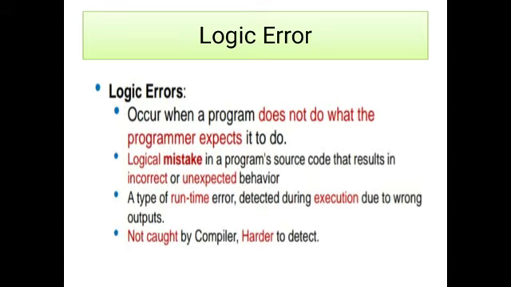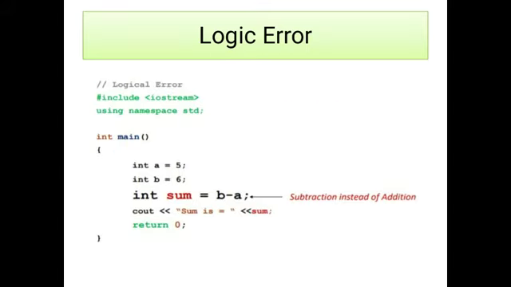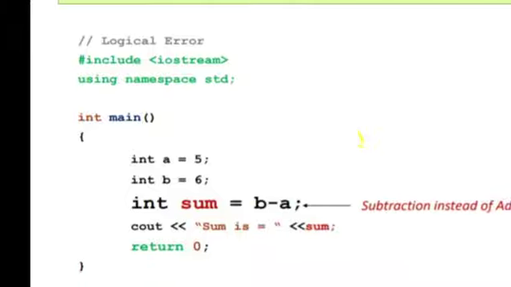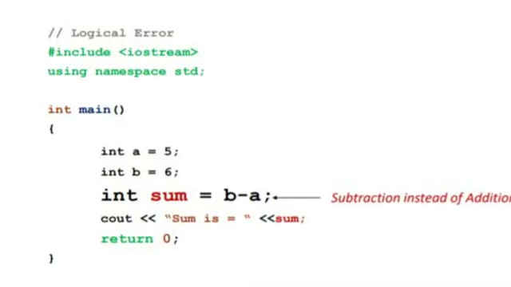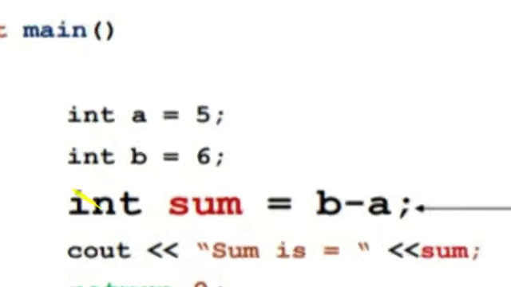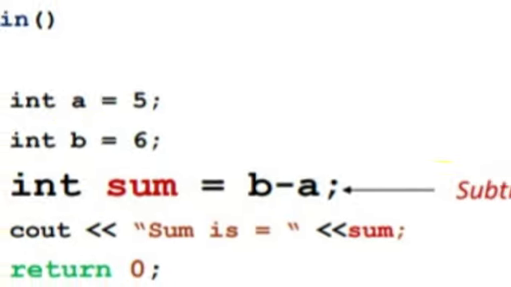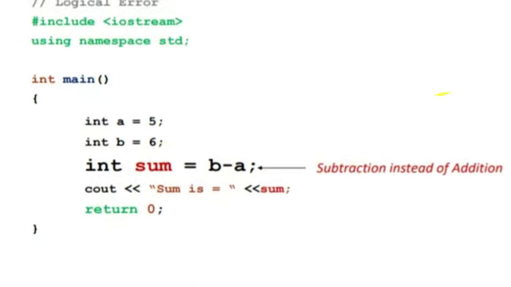Let's see a logic error in the given program. In this program, there is a logical error where I have to take a sum right in here, but I have used the statement of subtraction instead of taking the sum.